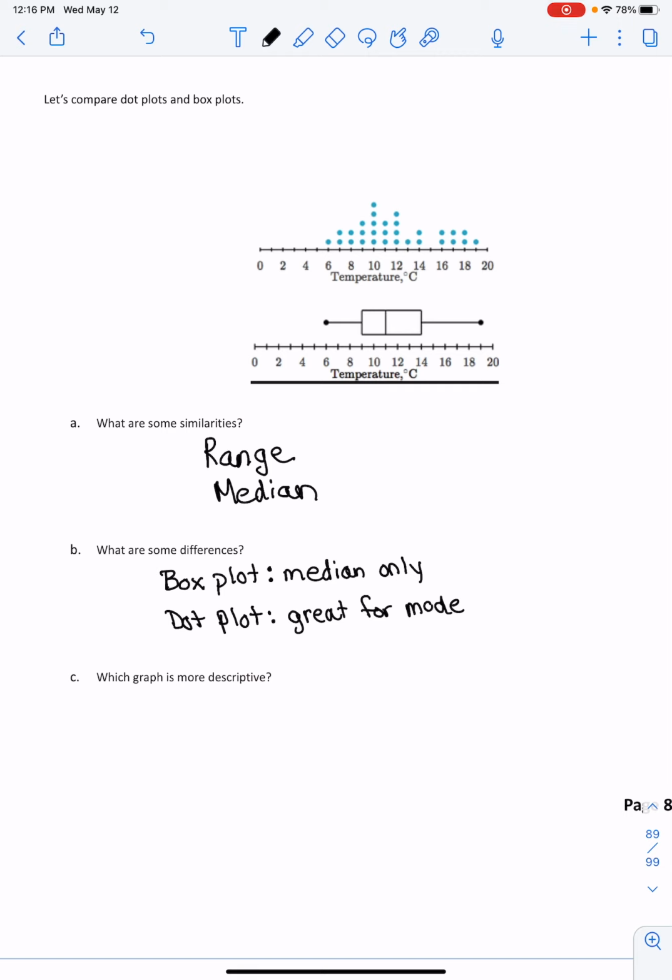Which graph is more descriptive? Well, it depends on what you're looking for. A dot plot, you can find all of these that apply: the mean, median, mode, and range.